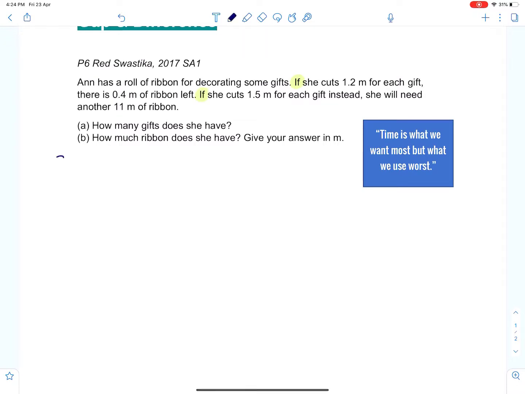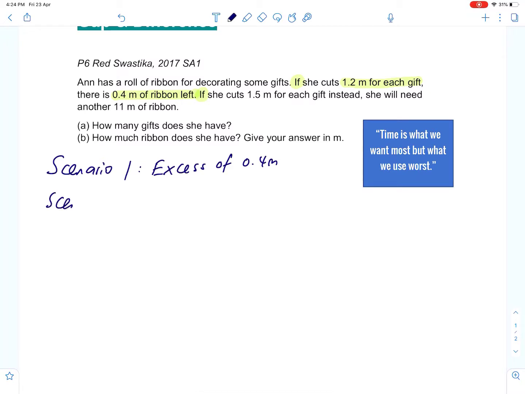Scenario number 1 is if she cuts 1.2 meters for each gift, there is 0.4 meters of ribbon left. So there's an excess, there's extra. It's either an excess or a shortage for each of the scenarios. So excess of 0.4 meters.